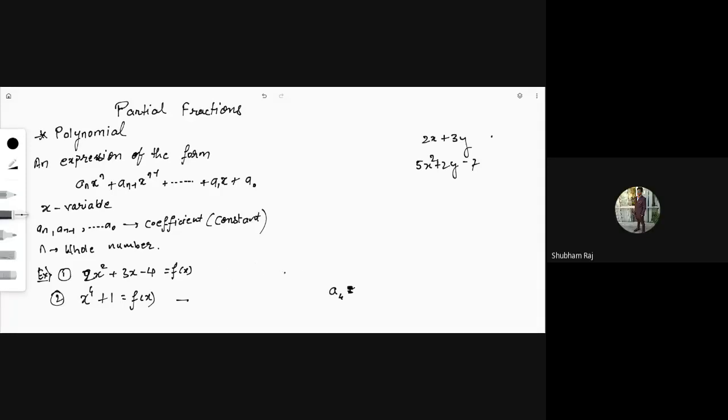So I have written two examples of a polynomial. The first one is 2x square plus 3x minus 4, right?